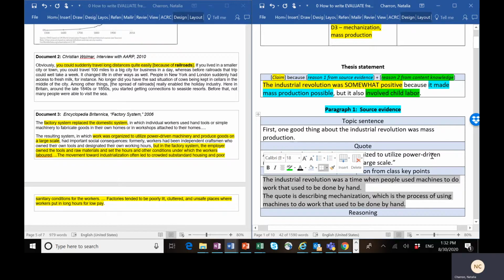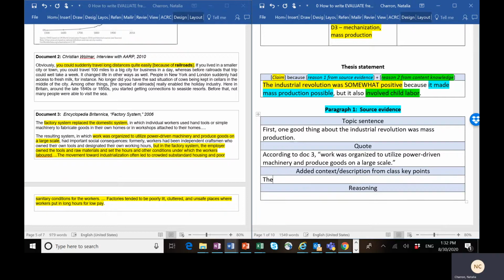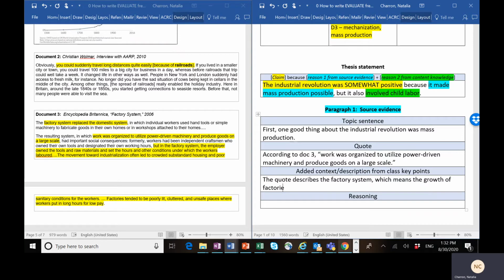Even if you don't know the specific word for machines, say the quote describes the factory system, which means the growth of factories in cities that housed machines that did production. Okay, you can do any of those things.